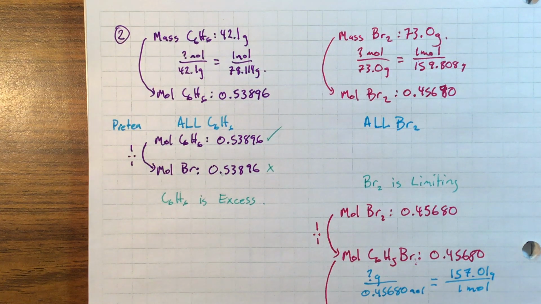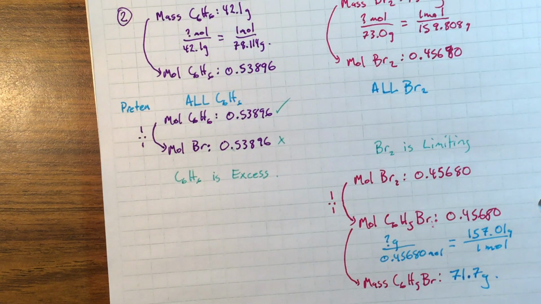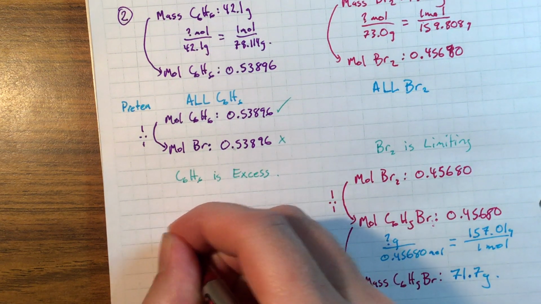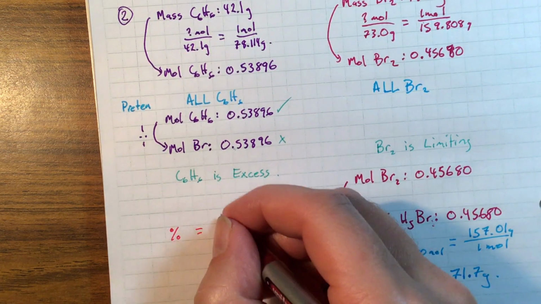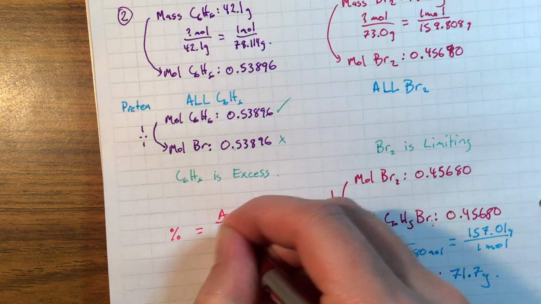Now, what is our percent yield if our actual yield is 63.6? So remember, percent yield is equal to our actual divided by our theoretical.